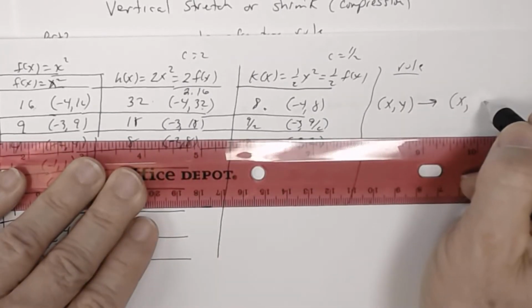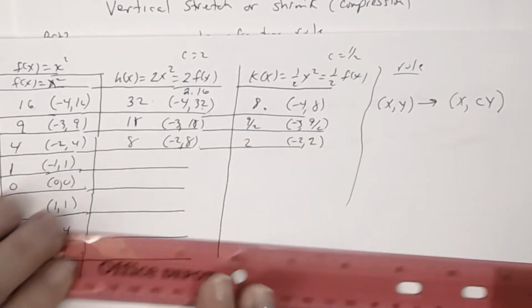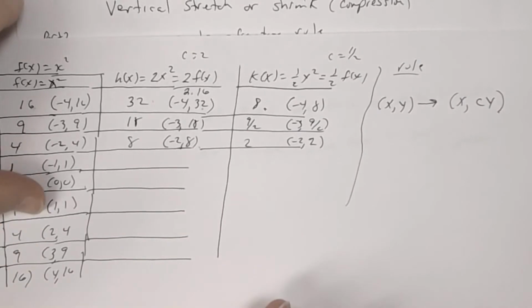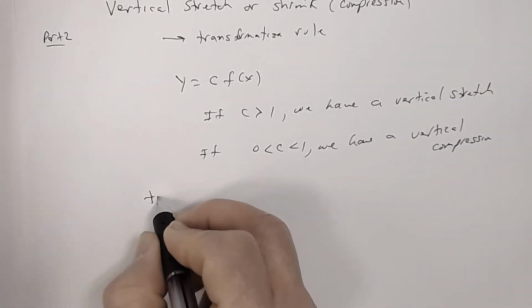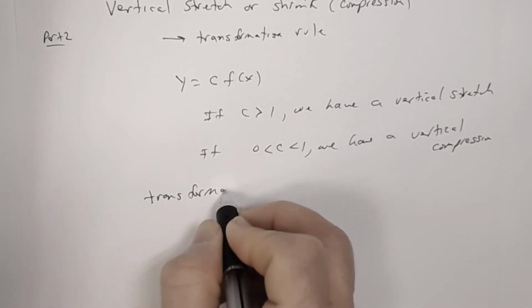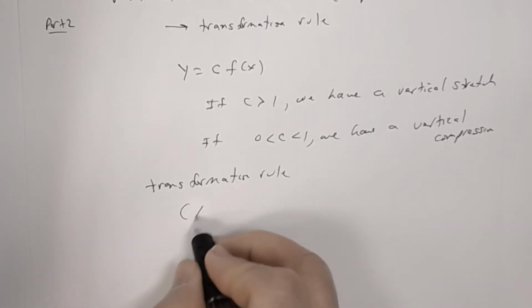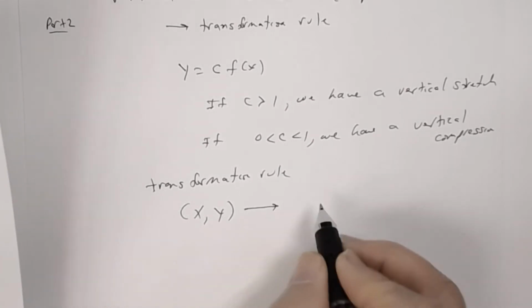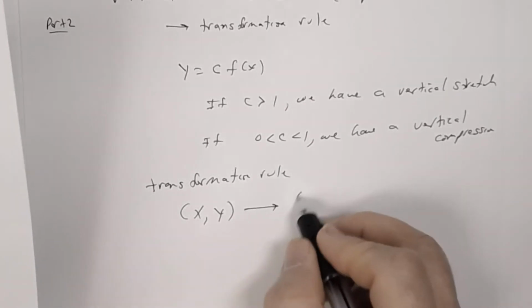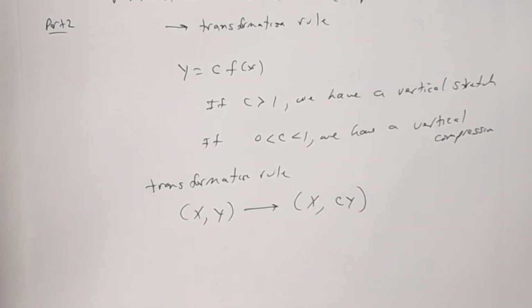So all you do is take your y value, multiply by c, and there's your rule. The rule for a vertical stretch or shrink is this: a point on your function becomes, with the transformation, the point x, c times y, whatever c is. All right, so that's your rule. Let's look at an example.